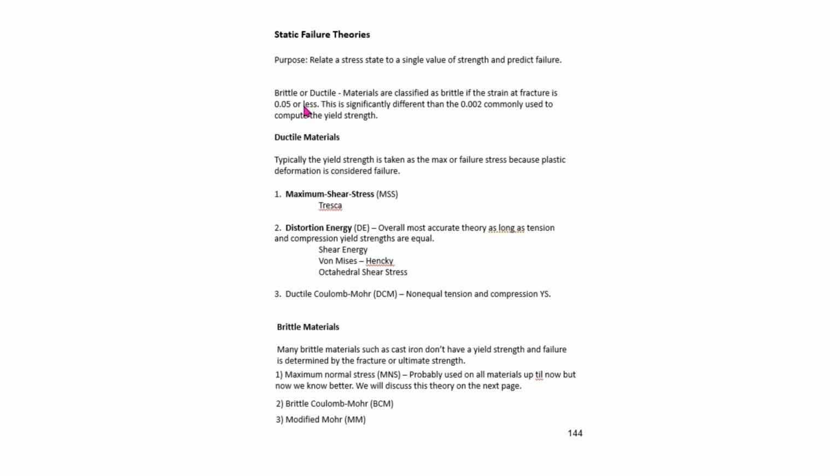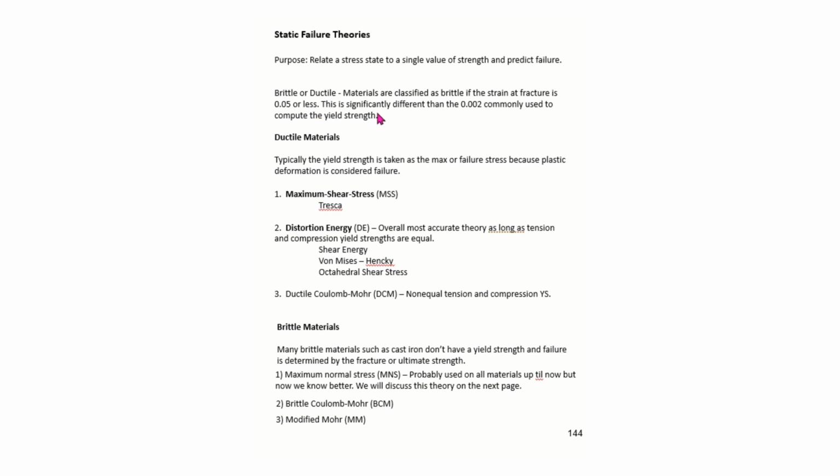And as you recall, the strain value used to compute the yield strength is 0.002 or 0.2%. So for a brittle material, you'll actually get a significantly greater amount of strain at 0.05 than you will when you're computing the yield strength at 0.002.